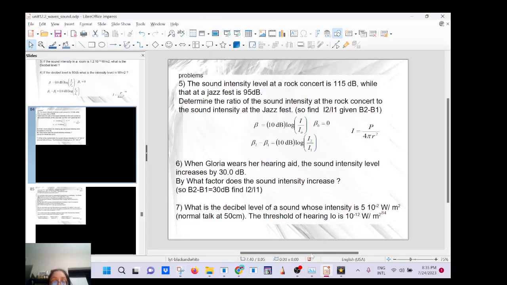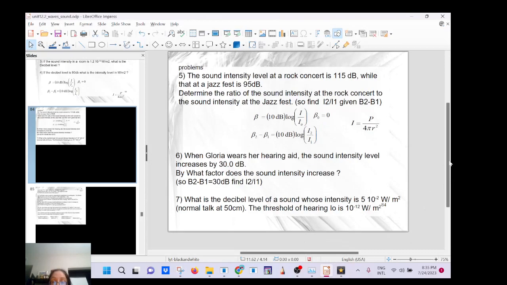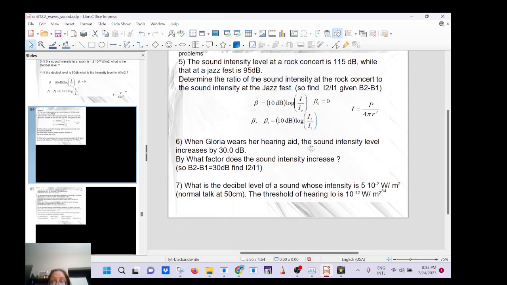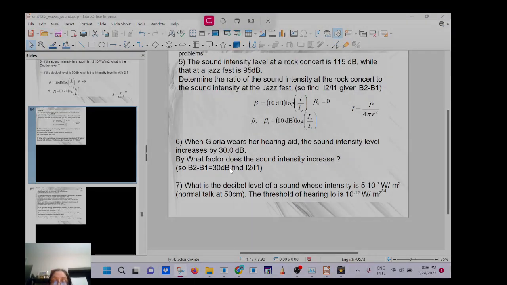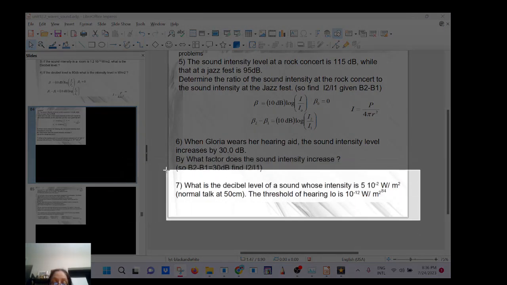Okay? So the sound intensity increases by 30 decibel. So 30 decibel means the intensity is multiplied by 1,000. Okay? And here you just plug in. There's nothing special here.